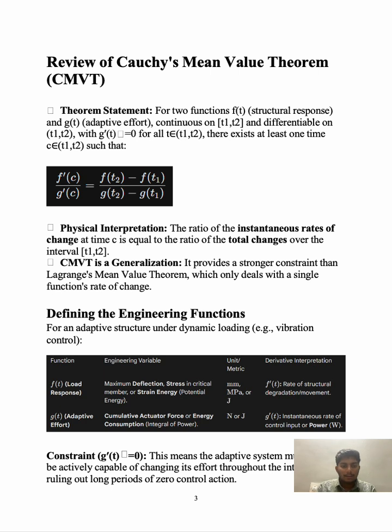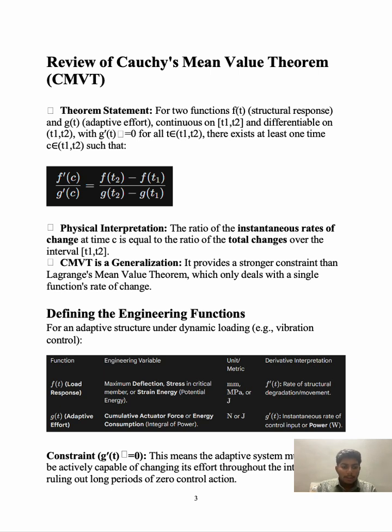Defining the engineering functions for an adaptive structure under dynamic loading. Example, vibration control. F of t is the load response: maximum deflection, stress in a critical member, or strain energy. Its derivative f dash of t is the rate of structural degradation or movement.